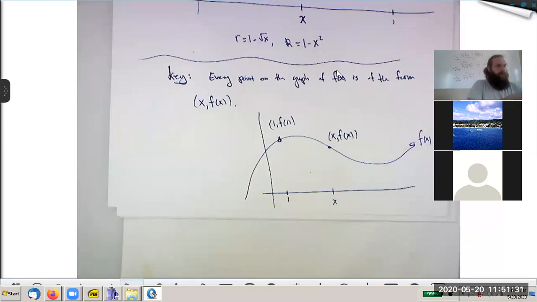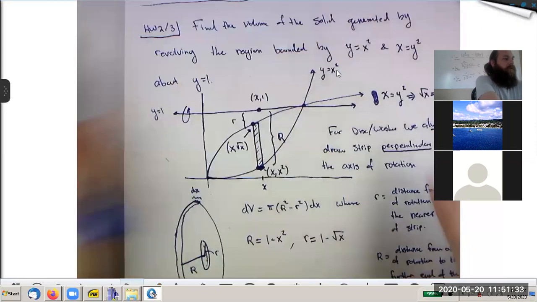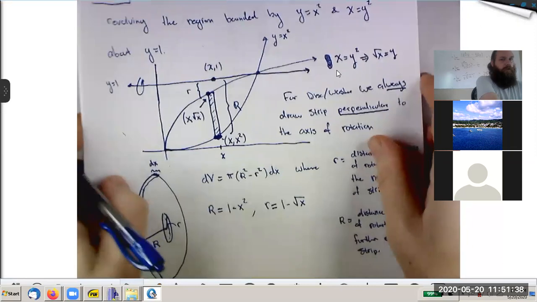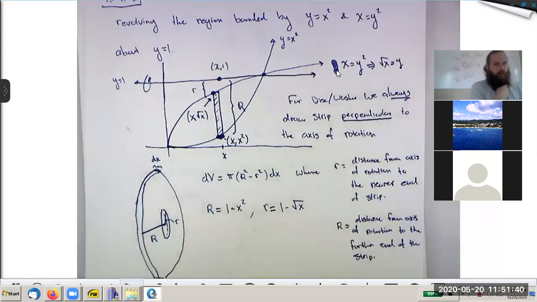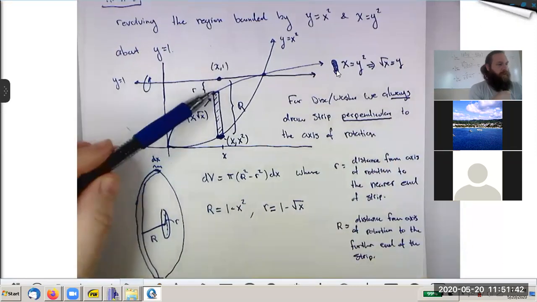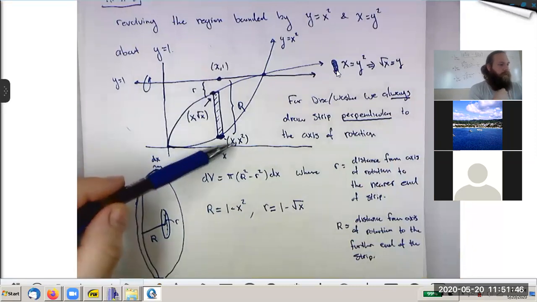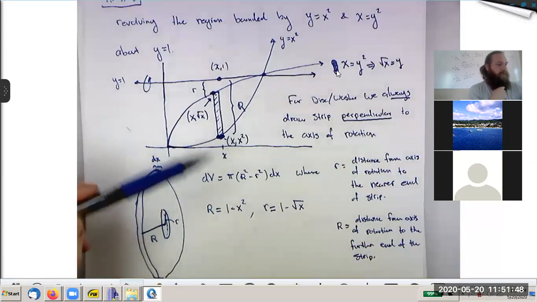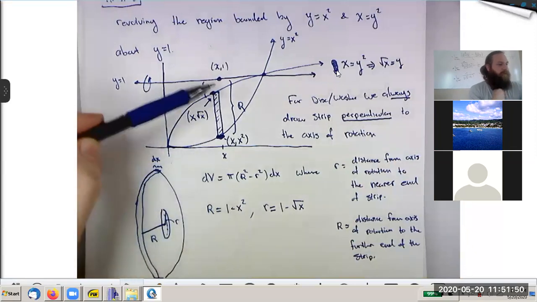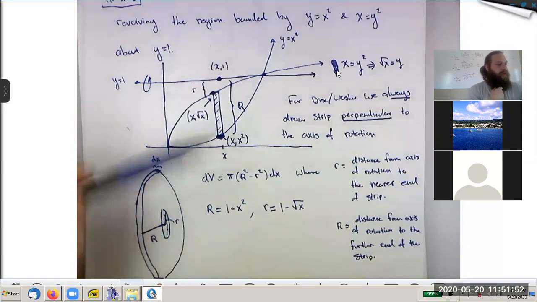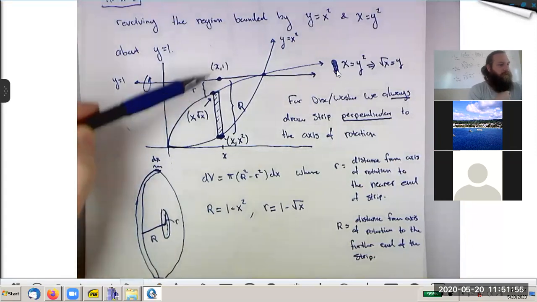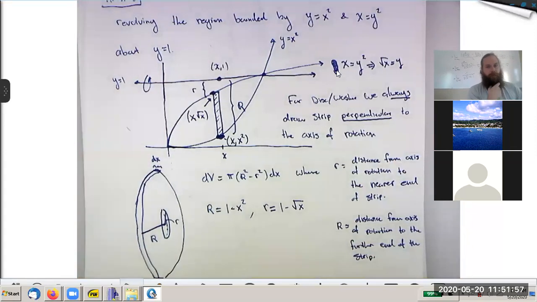So now back in this setting, this point along the graph y equals root x is x comma root x. This point along the graph y equals x squared is x comma x squared. So cap R, this larger distance, is 1 minus x squared, and little r, this smaller distance, is 1 minus root x.